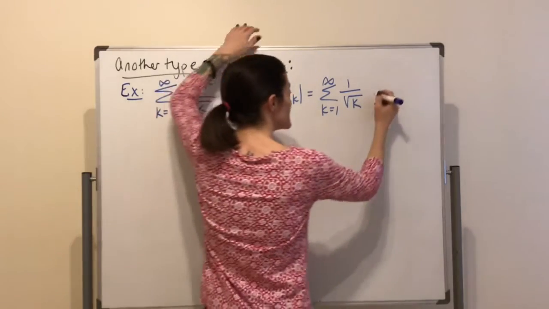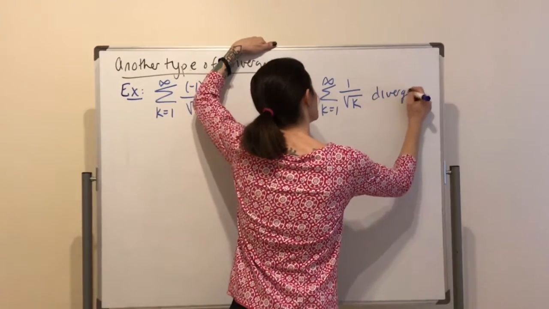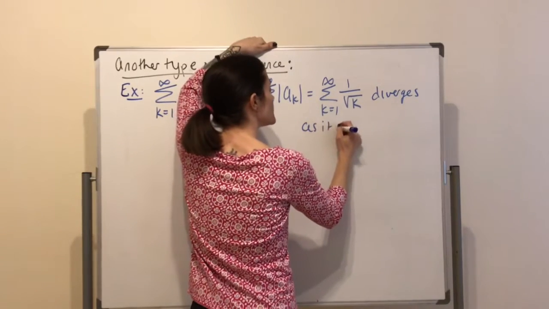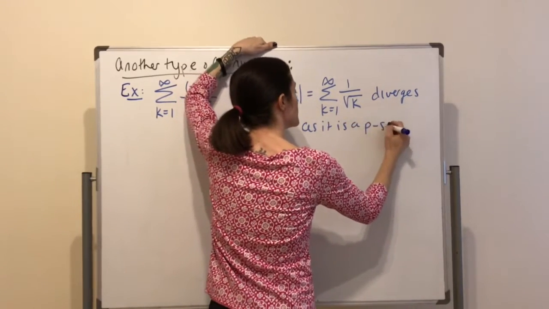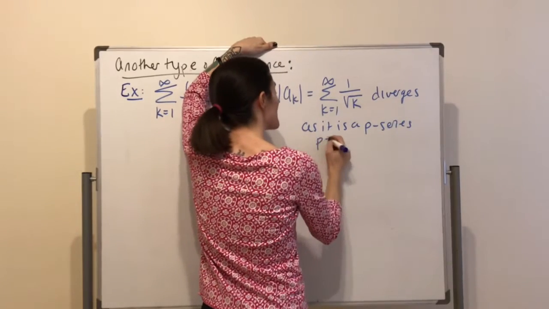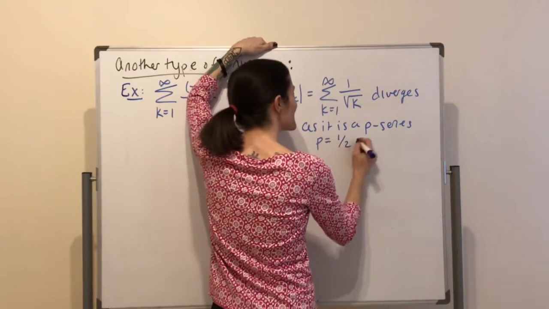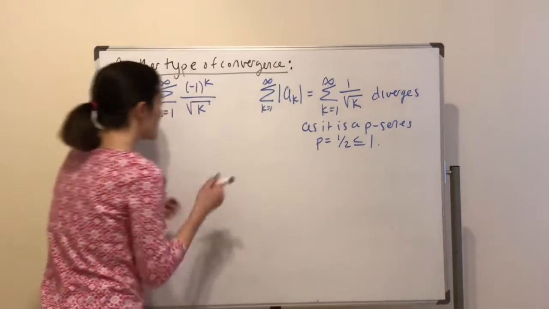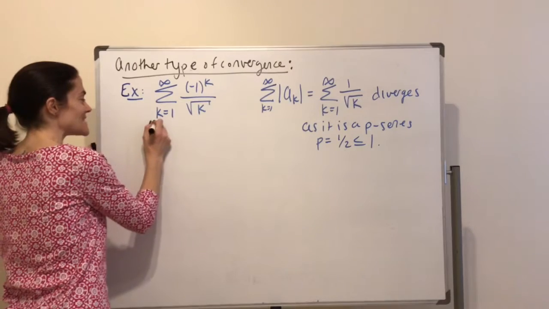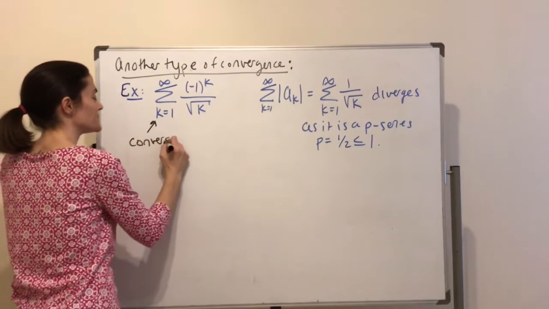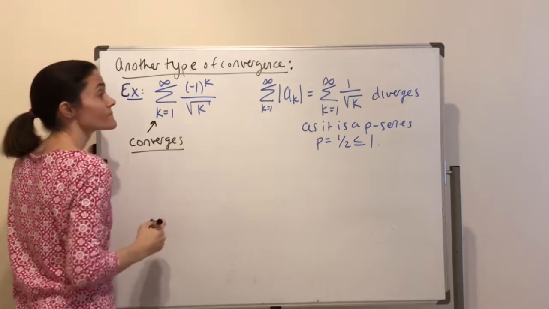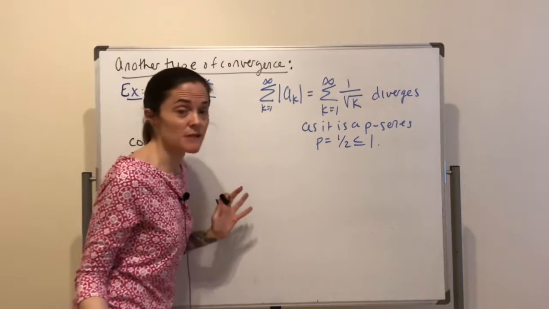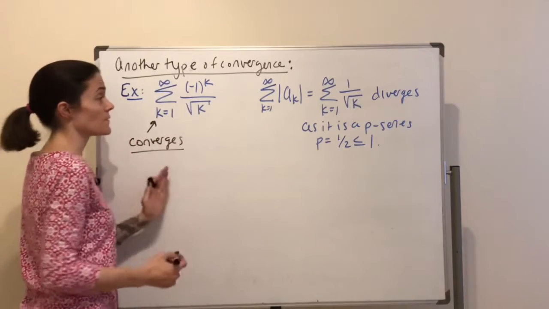This diverges, as it's a p-series where p equals 1/2, less than or equal to 1. We will see, okay, but this series itself converges. And this is a different type of convergence because this series does not converge absolutely.